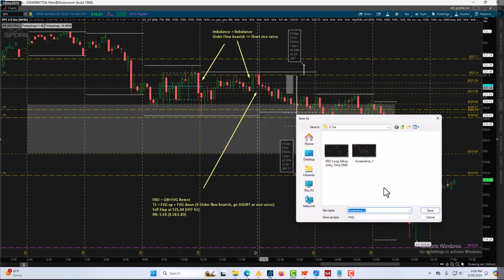So beautiful right here. ICT model. What's the model? I think 2.1. Gap down.